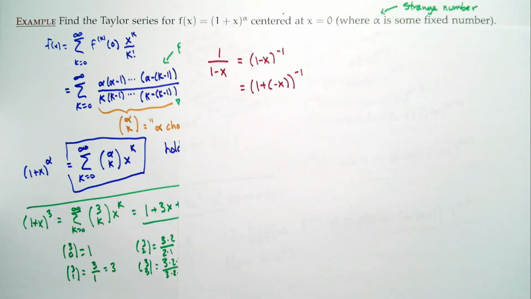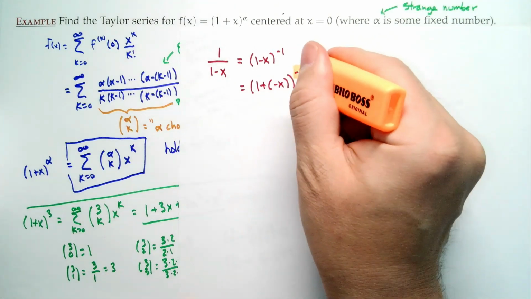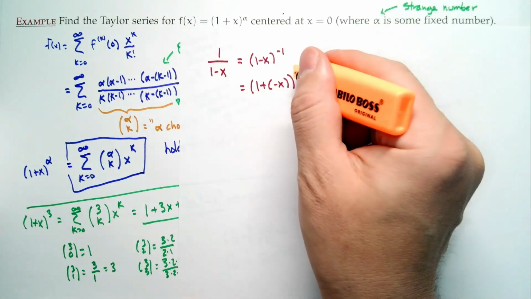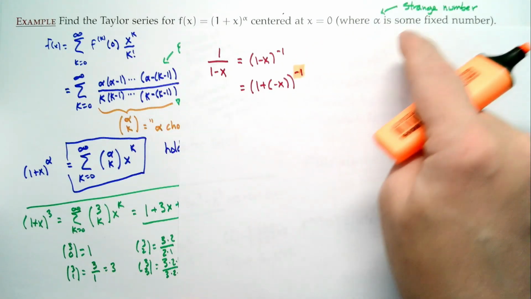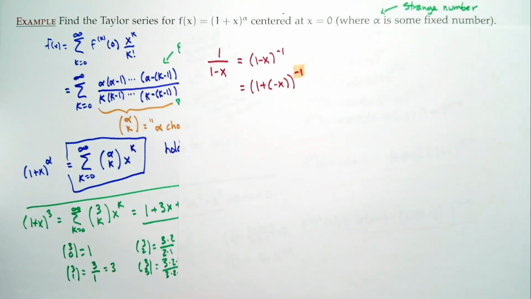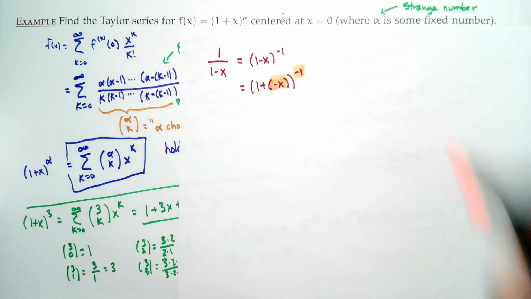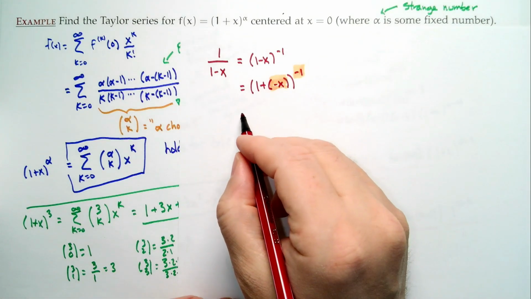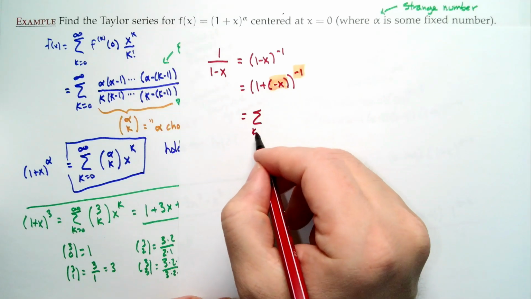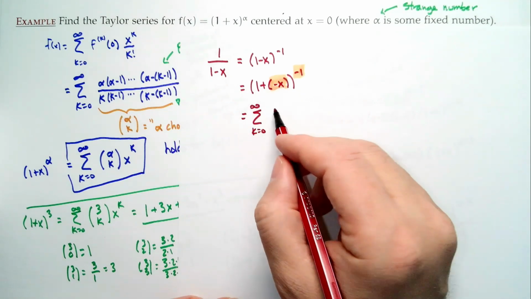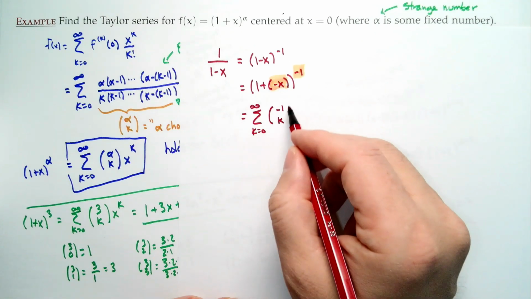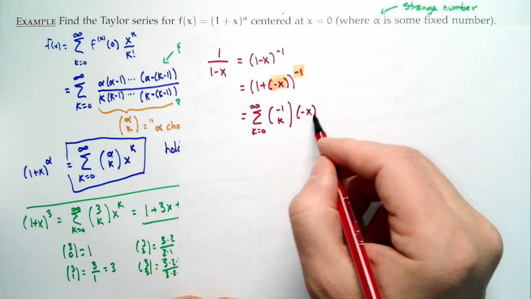So why am I doing this? Well, here's our alpha. Our alpha is negative 1. And remember, alpha can be a strange number. Alpha can be negative, absolutely no problem. But now, instead of just x, we're going to plug in minus x. So, according to our rule, what would we have? This should be the sum from 0 to infinity of minus 1 choose k times negative x to the k power.